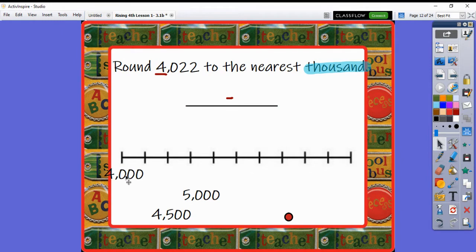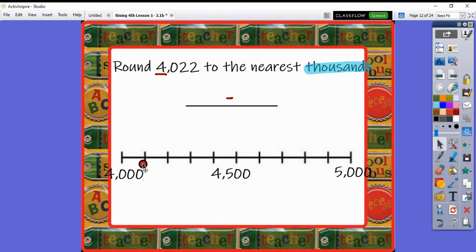What the value of that digit is, and that would be 4,000. And if I'm counting by thousands, my next thousand would be 5,000. And when I'm thinking about what my halfway point would be, I know that half of 1,000 is 500. All right, and then the last thing I need to think about is, where would 4,022 fall on this number line? Would it come before 4,500 or after 4,500?